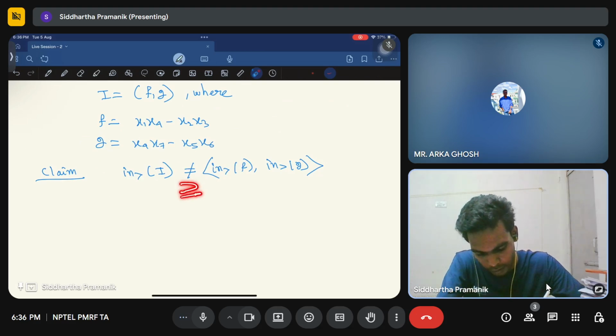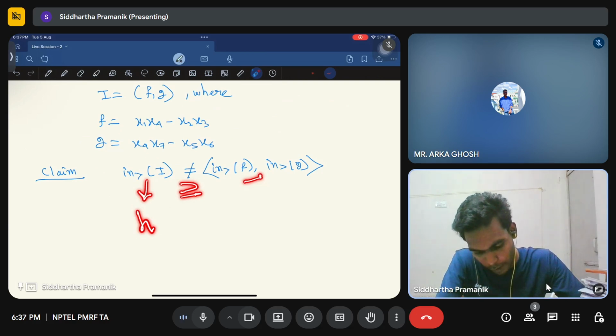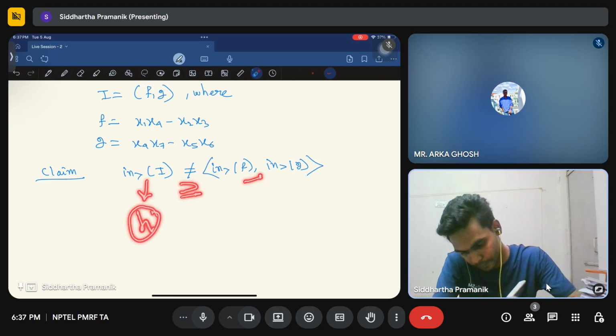So for that we need to pick an element which does not belong to the ideal generated by initial of F and initial of G. So we need to find one element h.